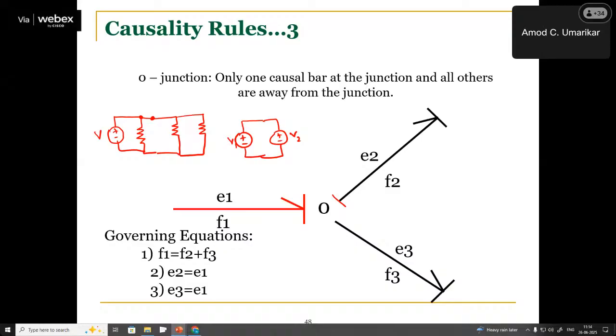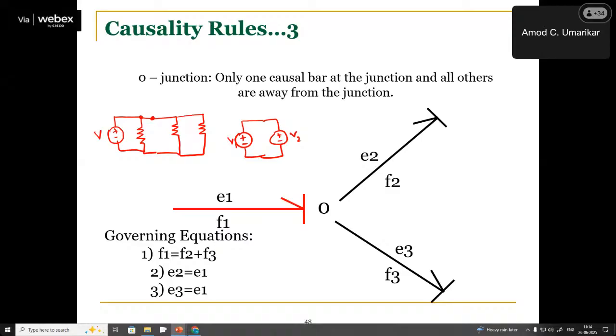Is it possible if they are not equal? No. So same thing is happening. You can use this analogy to understand. So that's why you have only one causal bar at the zero junction.